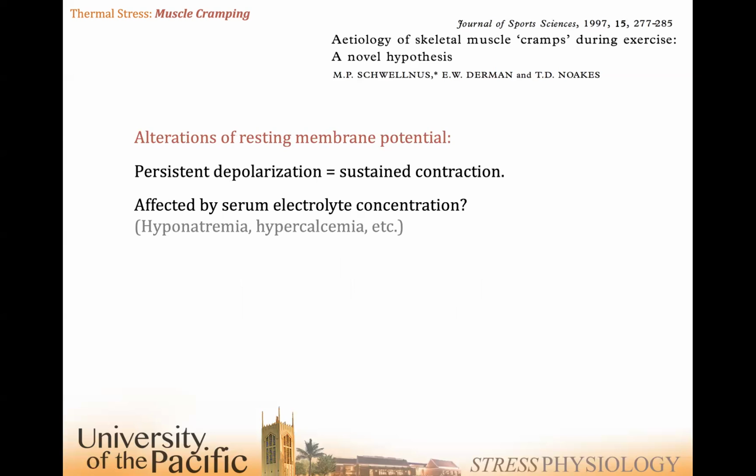Now we see this in nociceptors all the time. A great explanation of chronic pain is we have nociceptors, pain nerves, which just have their resting membrane potential chronically affected by an inflammatory environment. And so either they're just constantly firing, or it's just so easy to fire these things.